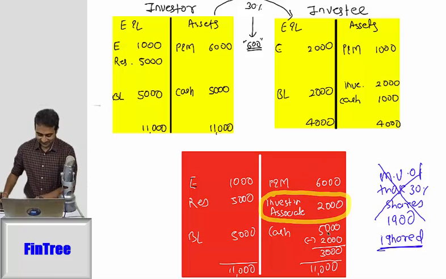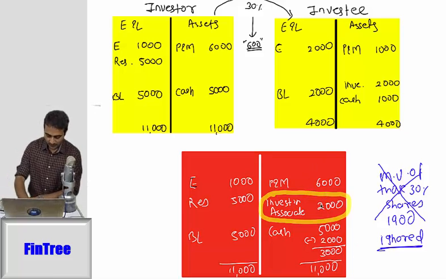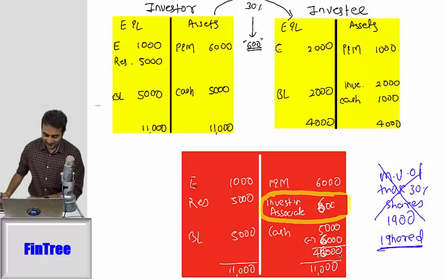Oh, it's my mistake, sorry. This was 600. That was a gross one. And this is 600. So this is 4,600. 4,400.